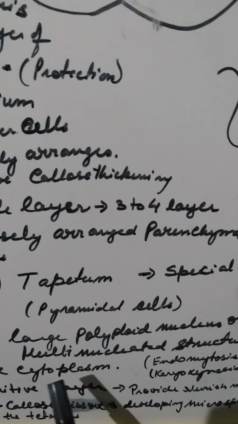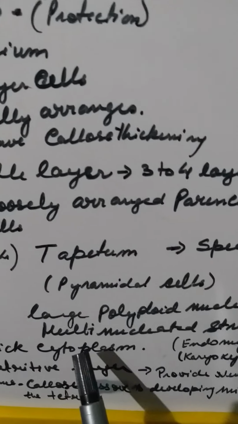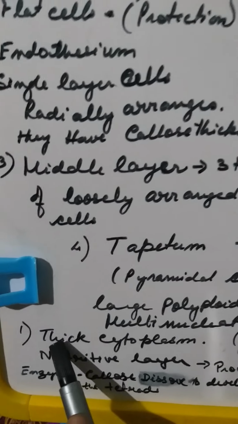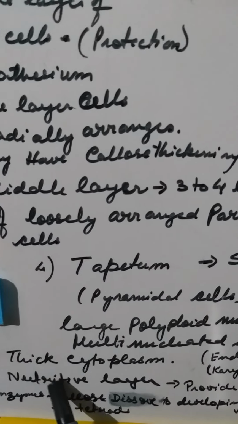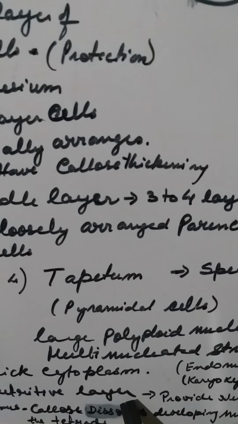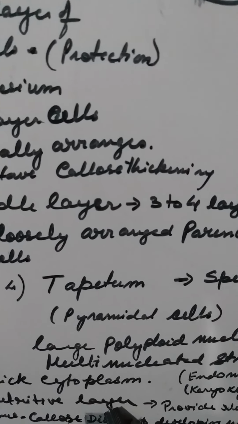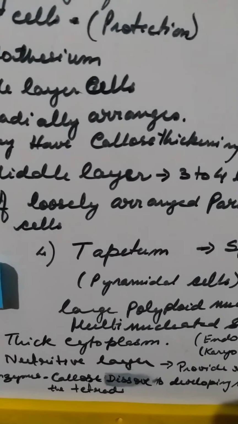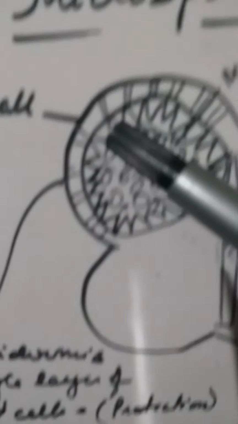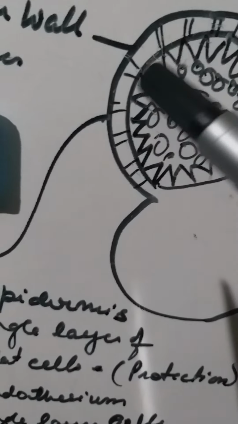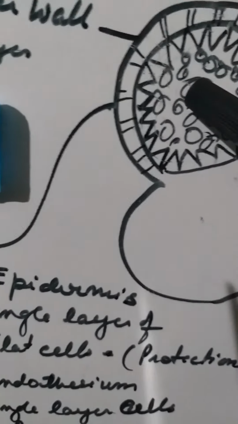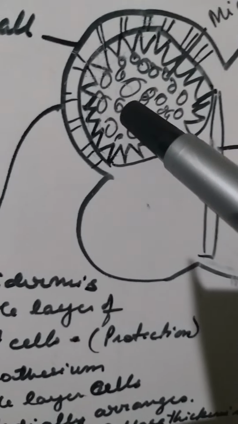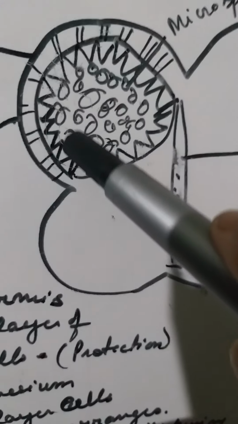Now why does the tapetum cell have a very thick cytoplasm? Because this thick cytoplasm is also made up of nutritive layers. Why is this nutritive layer there? Because it provides nourishment to the growing anther. Okay, now you can see inside this layer small round dots. So what are these?